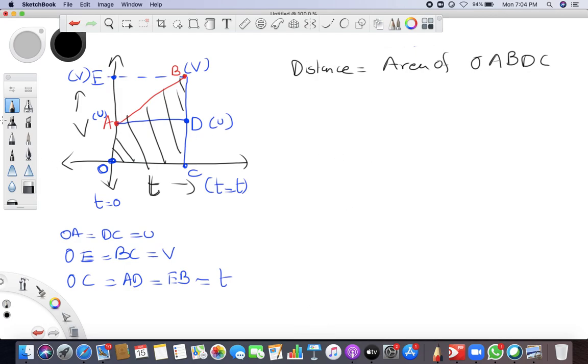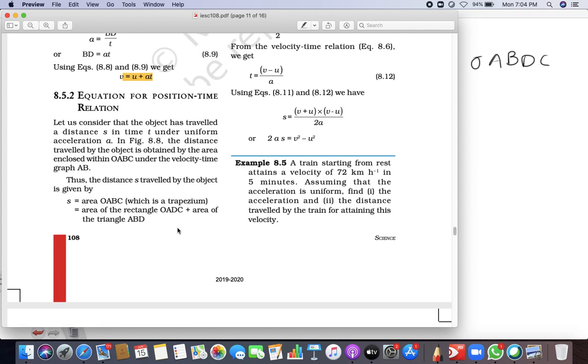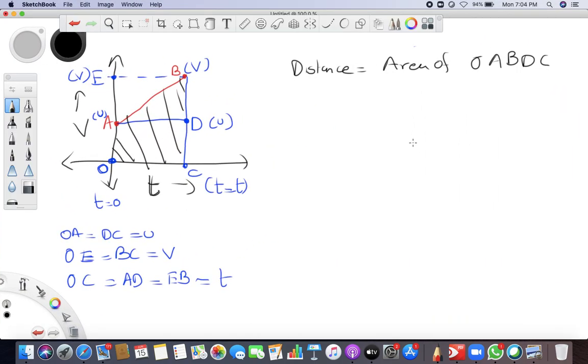So distance is equal to the area of OABDC, right? Now, if you can see, this figure is divided into two parts. Can you see here? One is a triangle and the other is a rectangle, right?